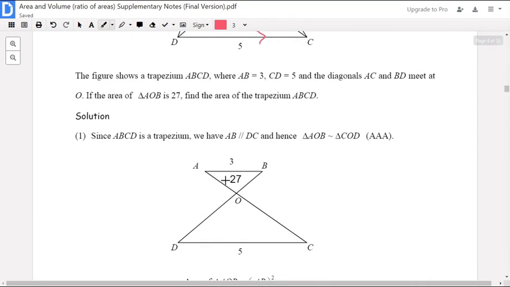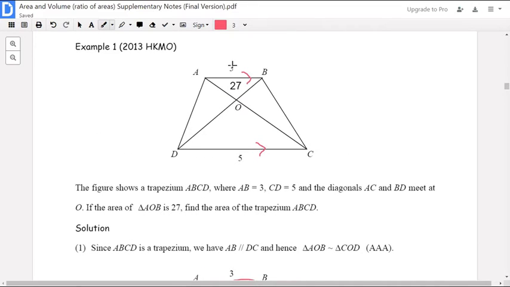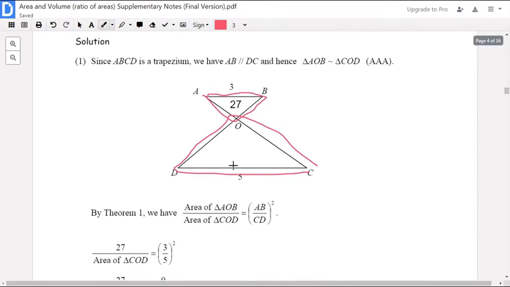Therefore, we can prove easily that triangle AOB is similar to COD. And therefore, according to the question, AB is 3, CD is 5.